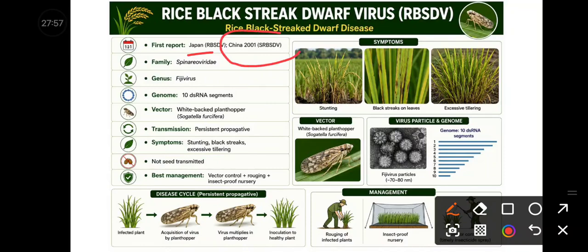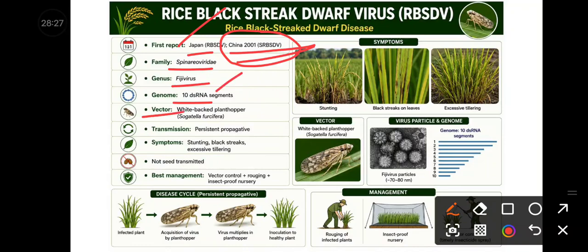This southern rice black streak dwarf virus was reported in India, which was previously reported in China. But the rice black streak dwarf virus, which was first reported in Japan, has not been reported yet in India. Then the family of this virus is Spinareoviridae. Then genus is Fijivirus. The genome is 10 double stranded RNA segments. See, the virus is multipartite, containing 10 double stranded RNA segments.